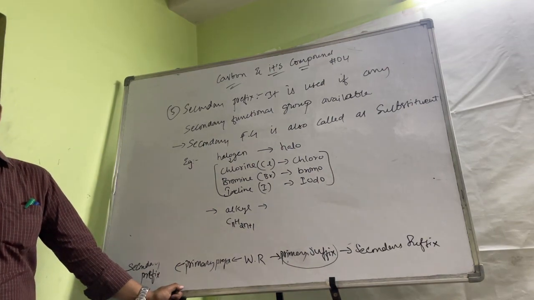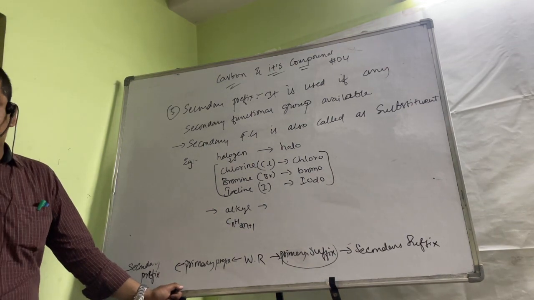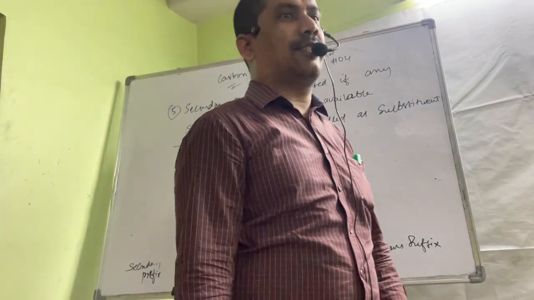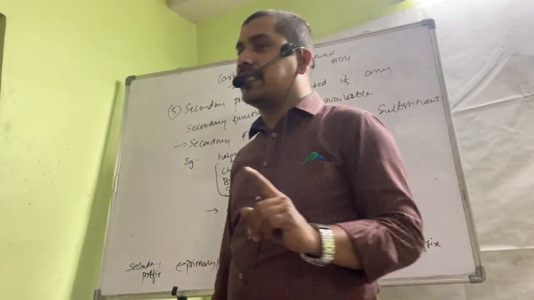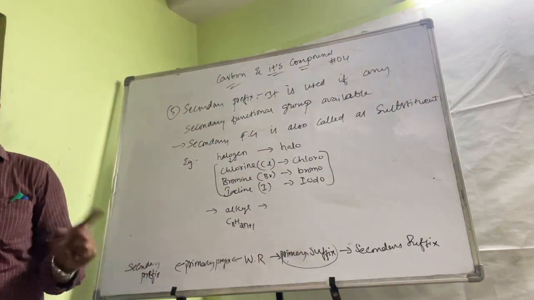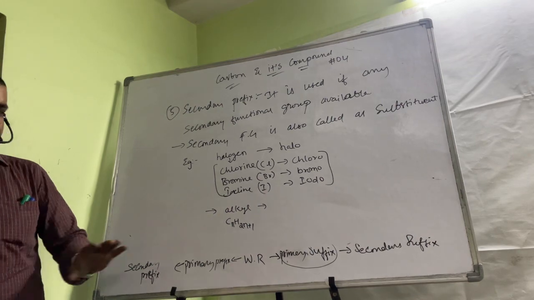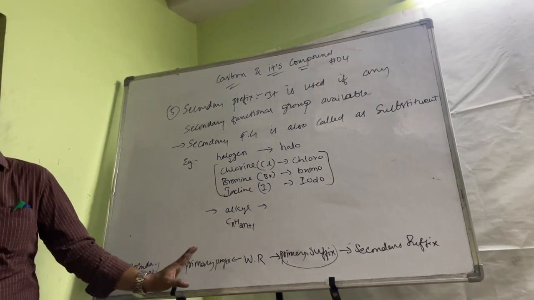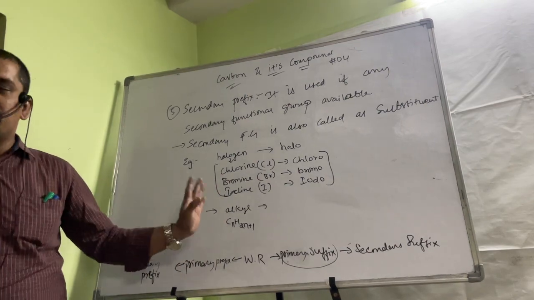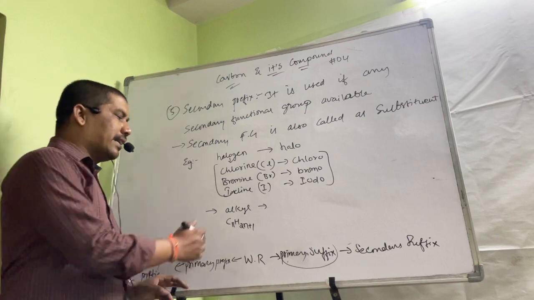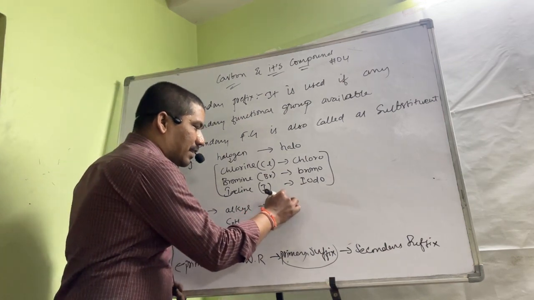Yesterday I have seen alkane, alkene, alkyne. Alkane formula is CnH2n plus 2. Alkene formula will be CnH2n. Alkyne formula will be CnH2n minus 2. Alkyl formula will be CnH2n plus 1. Right, now no need to go much into details of the formula. Only for information I am sharing with you. And then we'll go into the details of this. Right? Okay? So the alkyl family will be like this.